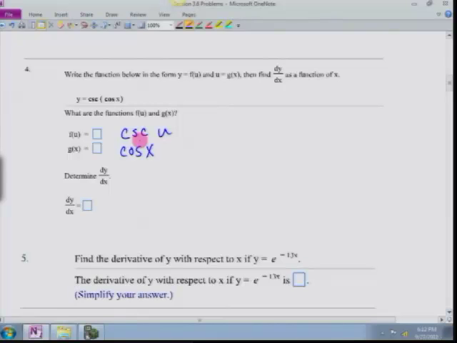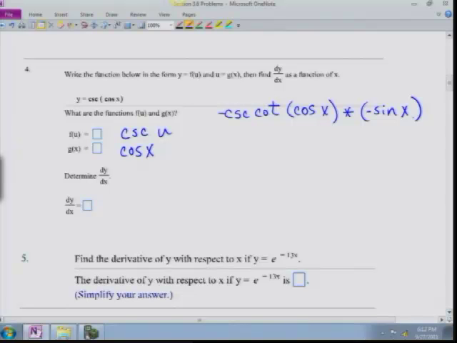So what is the derivative? And if you need your sheet in front of you, what is the derivative of cosecant? Okay, so negative cosecant cotangent of cosine x times, what's the derivative of cosine x? Sine. Okay, negative sine x.